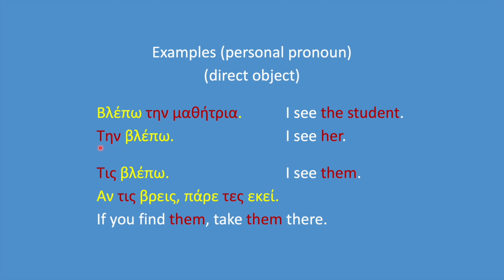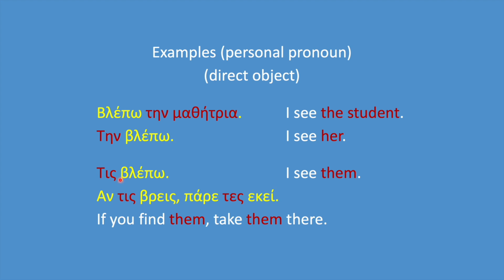Την is a personal pronoun and it's the direct object of the verb βλέπω. This την is an article, while this την is a personal pronoun. How can we tell when it's an article and when it's a personal pronoun? Well, articles always accompany nouns or adjectives, while personal pronouns always accompany verbs.